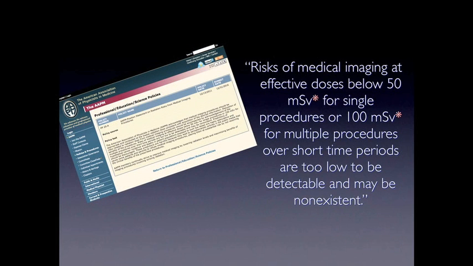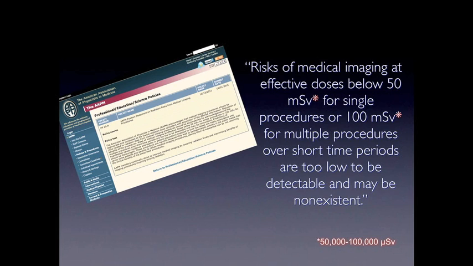Another statement from the American Association of Physicists in Medicine, and they say risks of medical imaging at effective doses below 50 millisieverts for single procedures or 100 millisieverts for multiple procedures over short periods of time are too low to be detectable and may be non-existent.